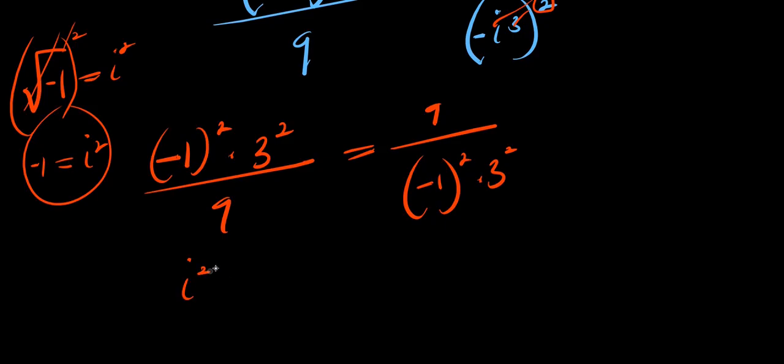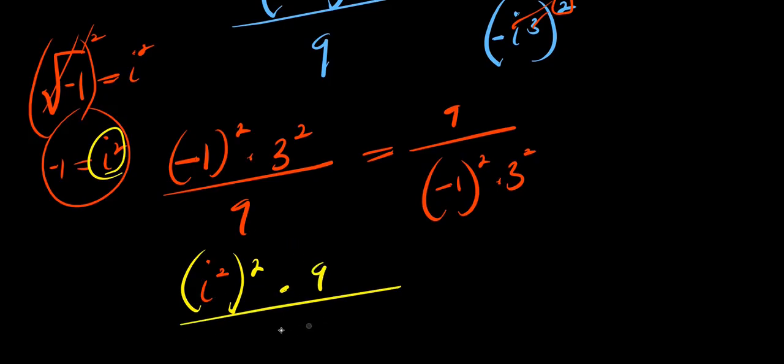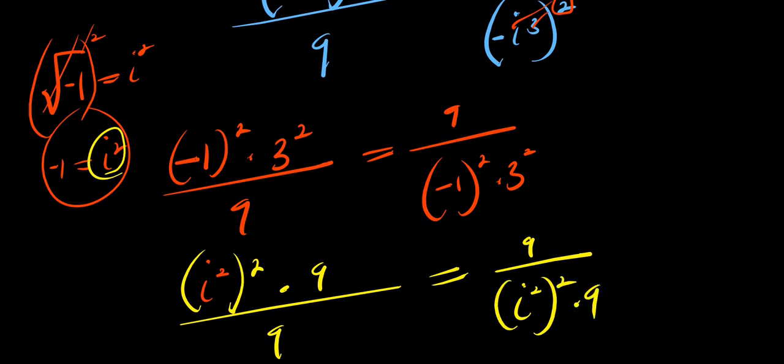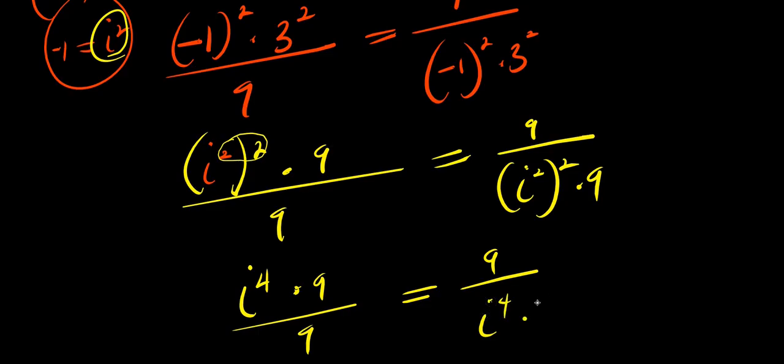You have I power 2. We have I power 2 raised to the power of 2 because negative 1 equals I power 2. We have I power 2 raised to the power of 2 times 9 divided by 9. This equals 9 divided by I power 2 raised to the power of 2 times 9. So, you know that if you multiply the exponents, you have I power 4 times 9 divided by 9 equals 9 divided by I power 4 times 9.